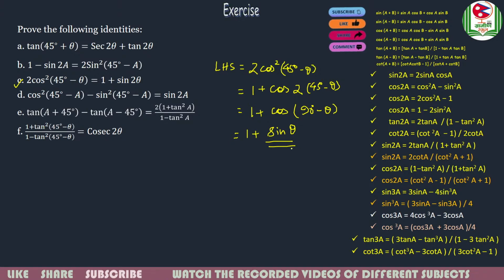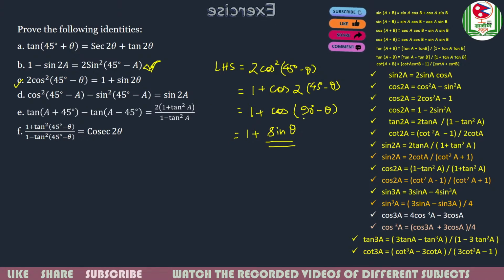We have already talked about it earlier while solving problem B. Okay, so if you have to prove this 2 cos square (45 minus theta) using this RHS, you can just reverse the steps and you can easily prove this one.